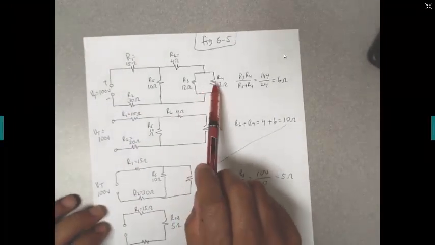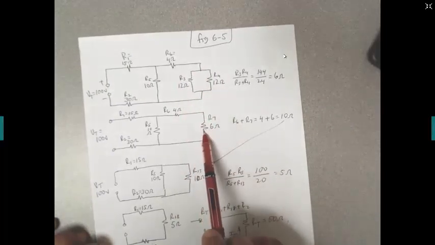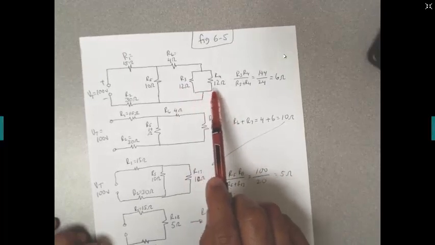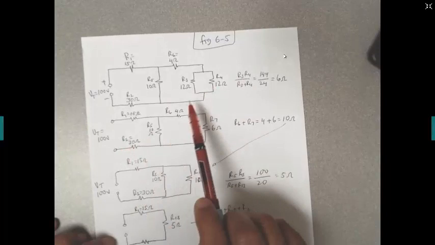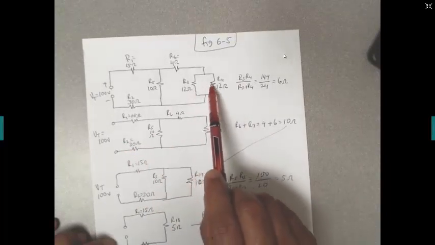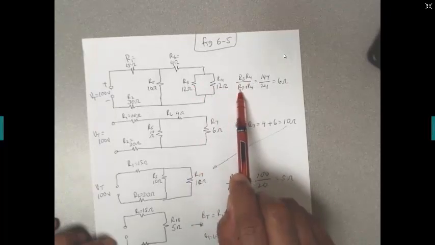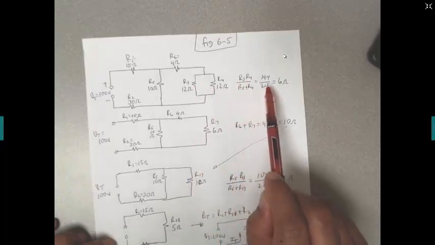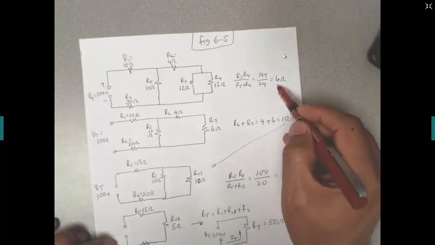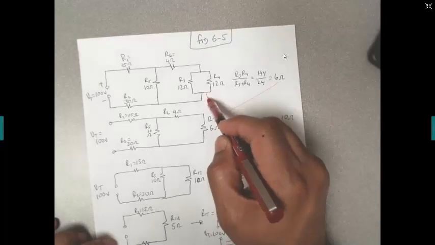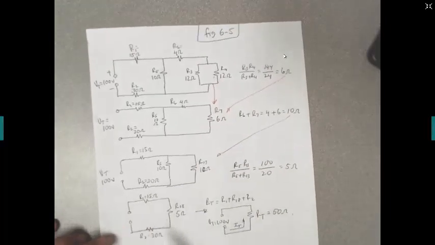Again, to replace this bank of parallel resistors with one single resistor, we use the formula for parallel resistors, which is R3 times R4 divided by the sum of the two, R3 plus R4. That would be 144 divided by 24, and that gives you 6 ohms. And this 6 ohms is equivalent to this single resistor right there.